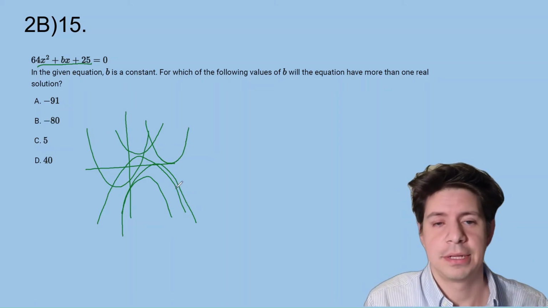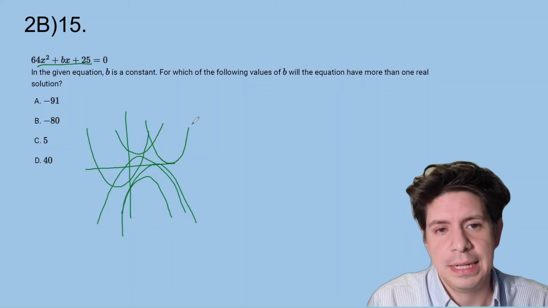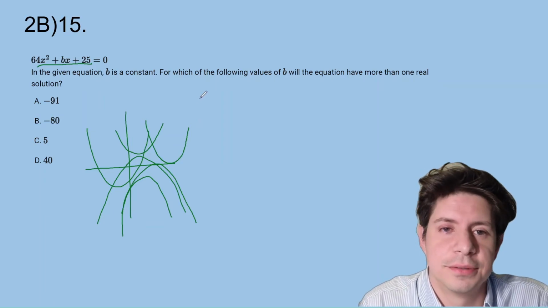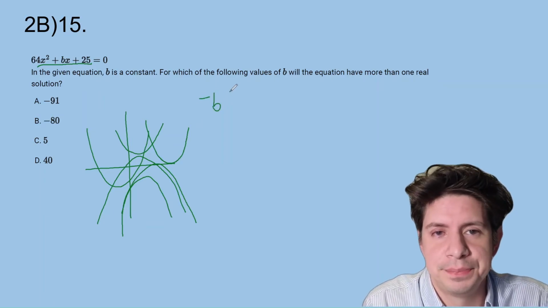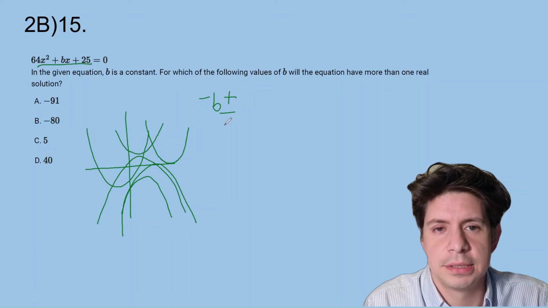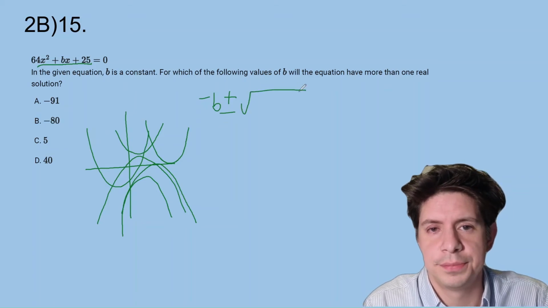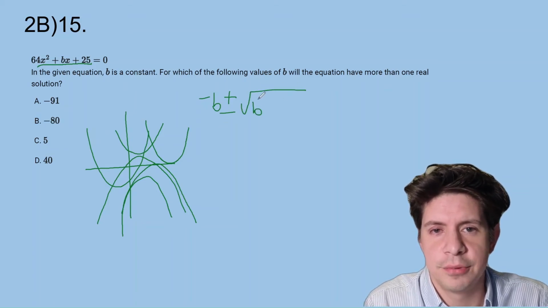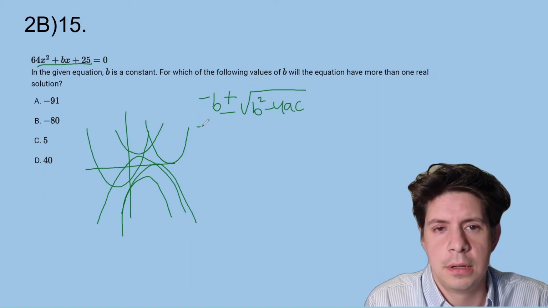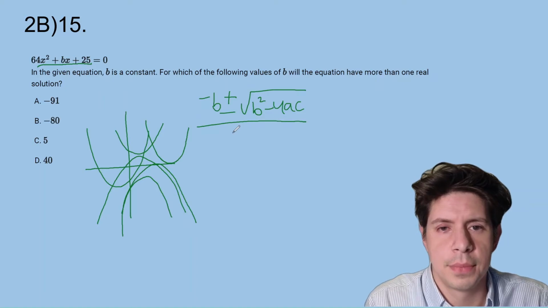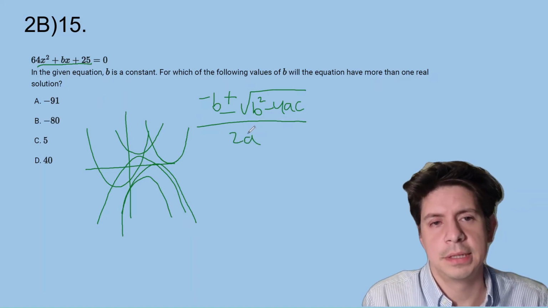How are we going to do that, right? So the way I'm going to think about it is think about the quadratic equation. Okay, so we have negative b plus or minus square root of b squared minus 4ac all over 2a, right?